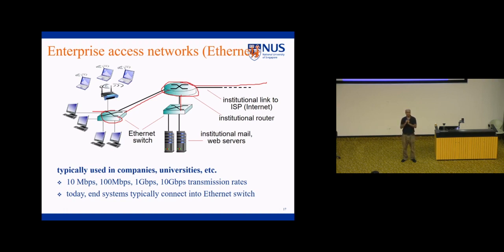And that router on every floor of that building would spread out to Wi-Fi access points along the corridors, right? So there's a multi-level hierarchy. And many enterprises such as NUS would also run, for example, their web servers and their email servers and so on. We would also have that as part of the infrastructure.